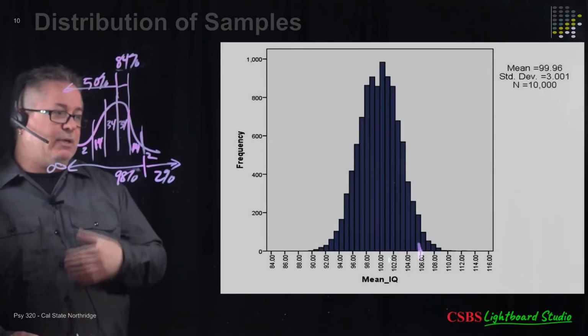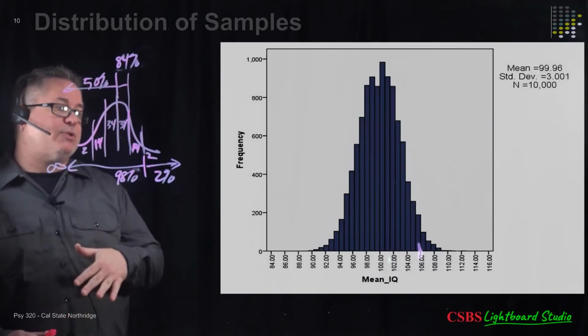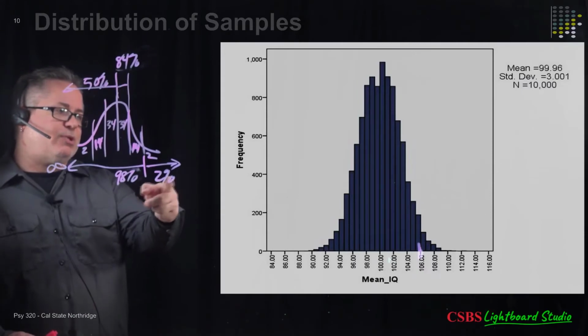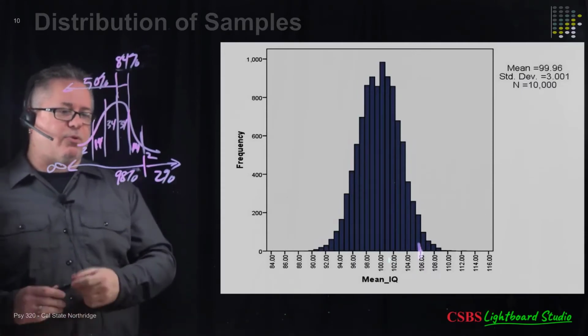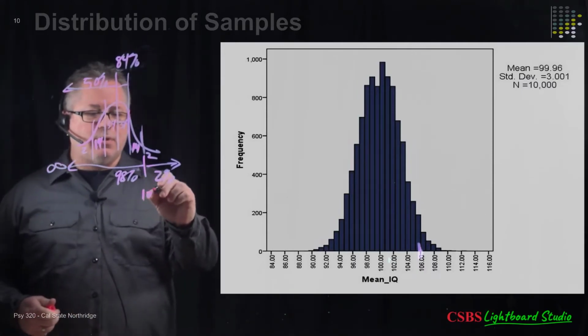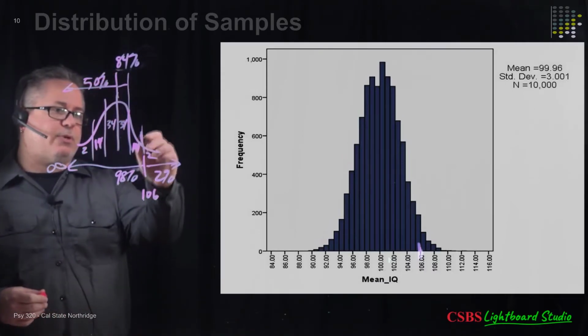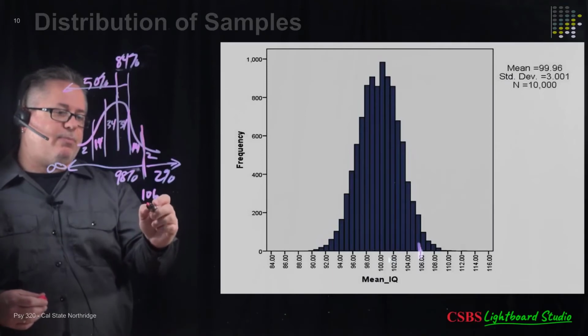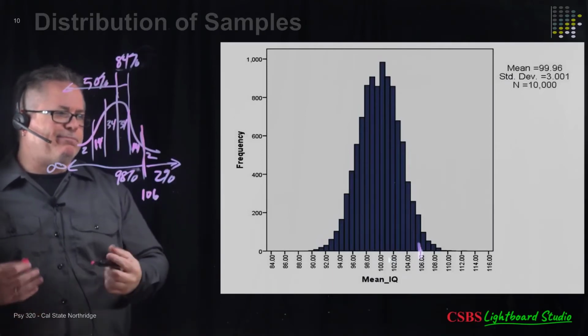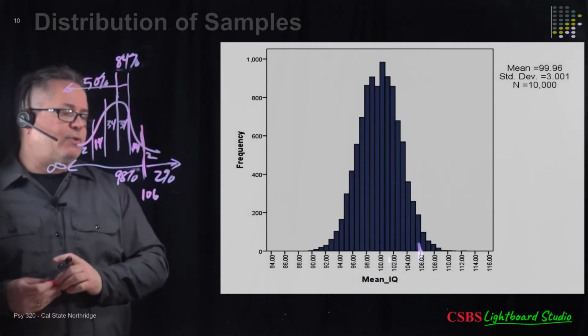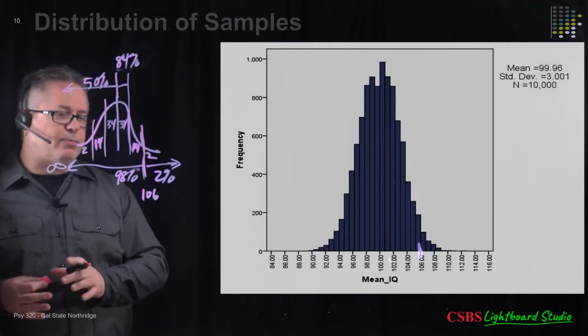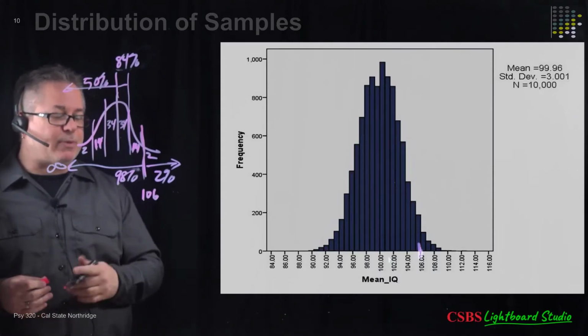So there's only a 2% chance of getting a mean of 106 or above. Our 106 is falling at this very small proportion of scores, only about 2% of the total samples from this population.